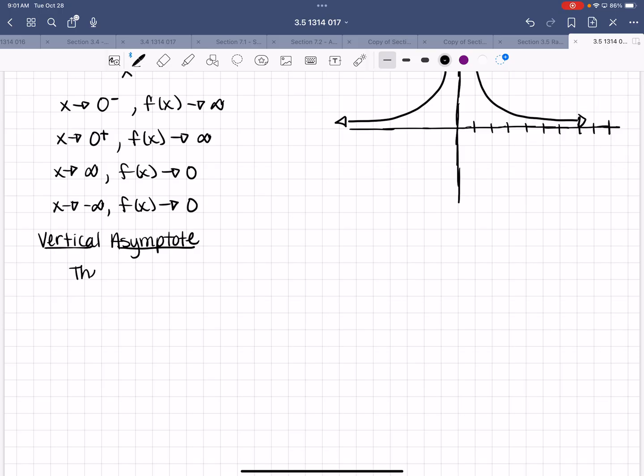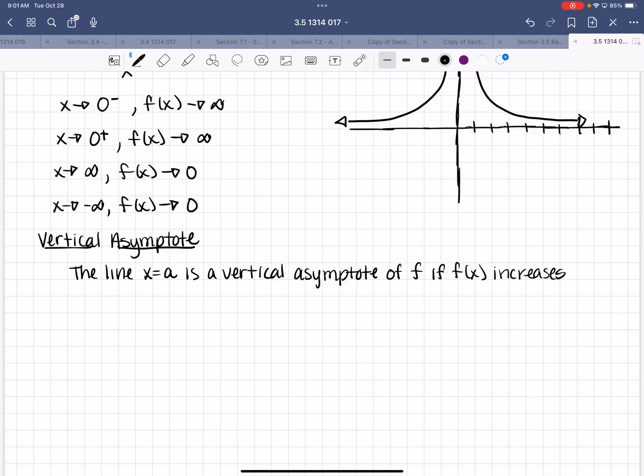The line x equals a is a vertical asymptote of f if f of x increases or decreases without bound as x approaches a. Okay, that's just a formal definition there.